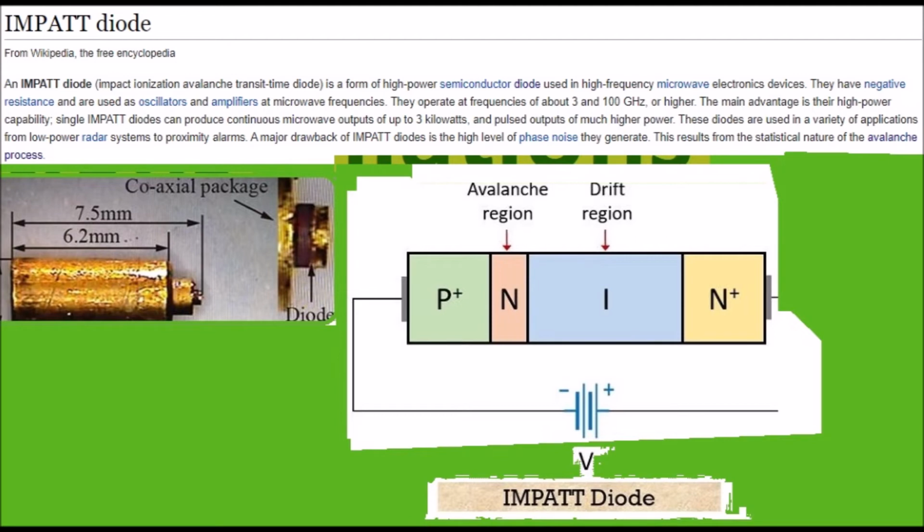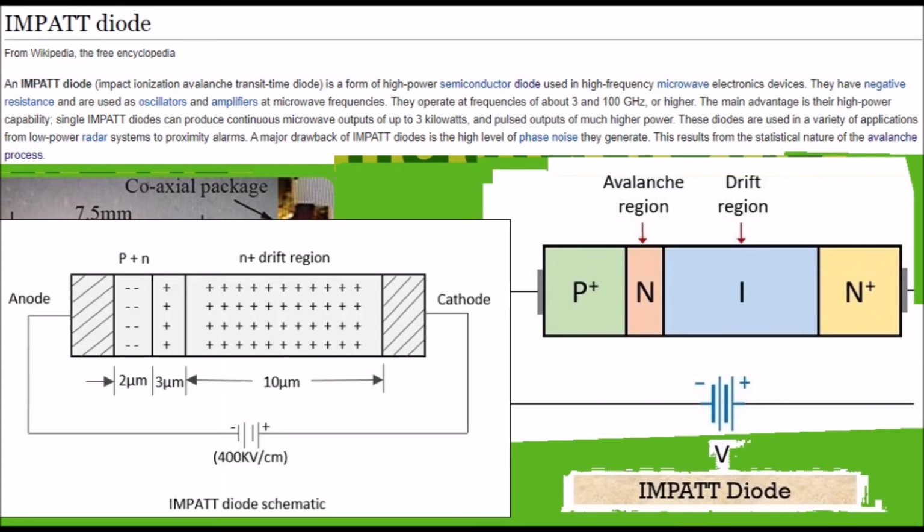They have negative resistance and are used as oscillators and amplifiers at microwave frequencies. They operate at frequencies of about 3 and 100 gigahertz or higher. The main advantage is their high power capability. Single impact diodes can produce continuous microwave outputs of up to 3 kilowatts and pulsed outputs of much higher power.